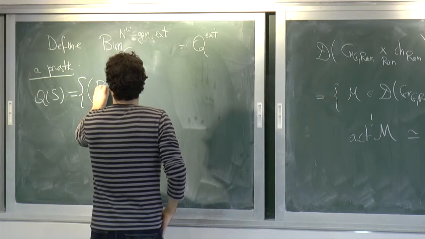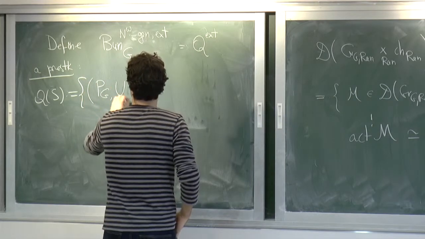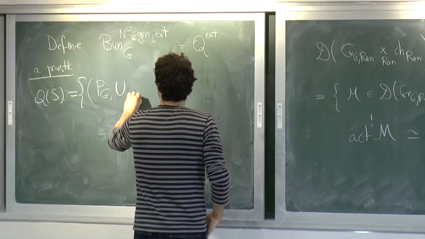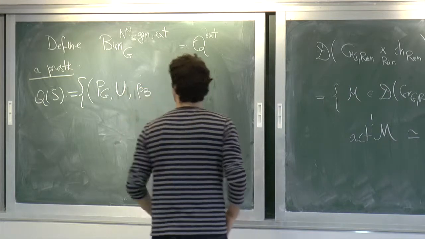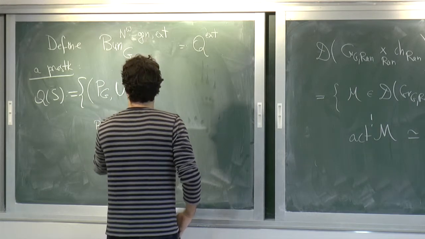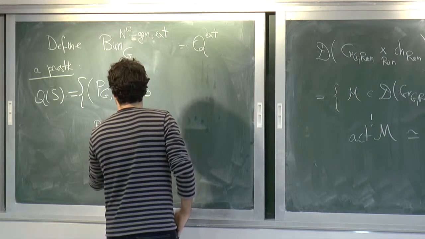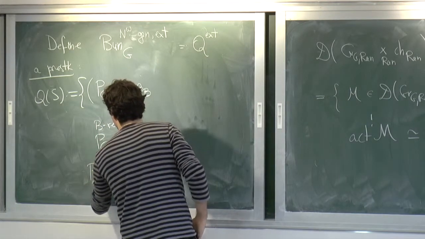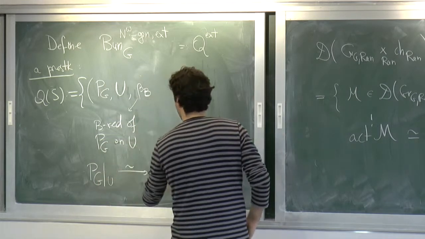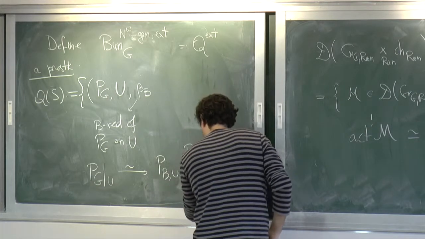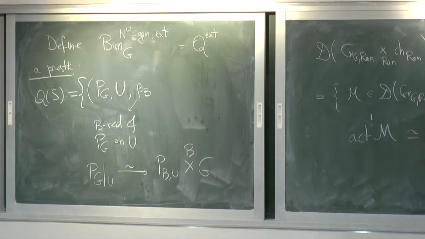So it will be a G bundle as always, on a domain, something we discussed last time, a domain U. Then I will have a B reduction of P_G on U. So let me write explicitly what it is. A reduction is an isomorphism between this guy and some B bundle on U induced to a G bundle, the induction of some B bundle to a G bundle.